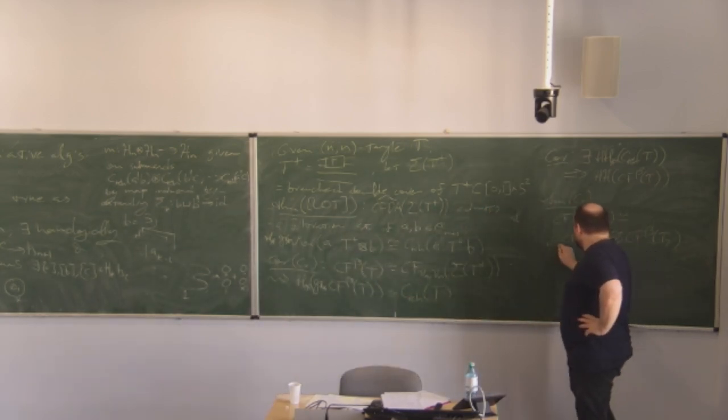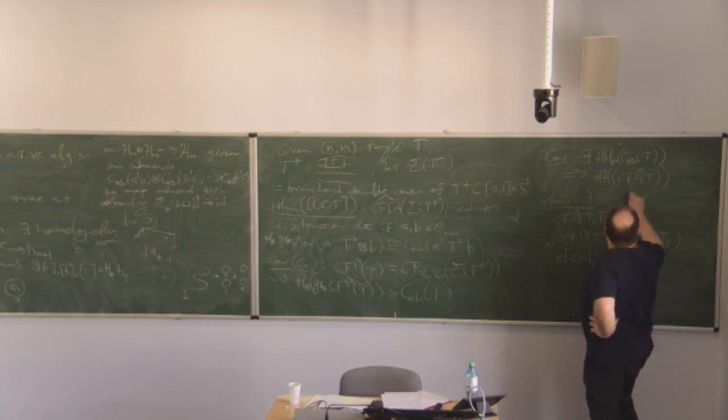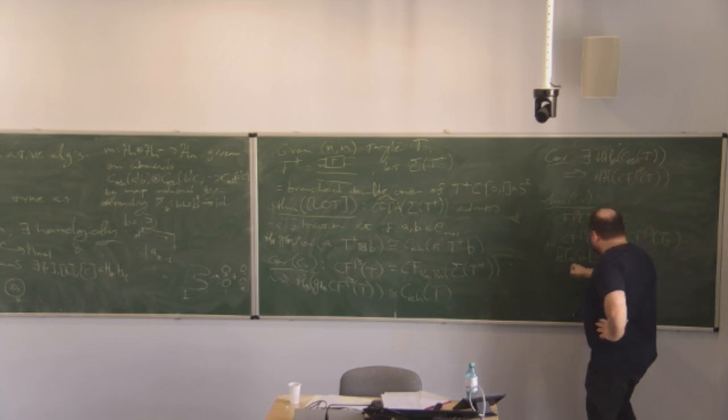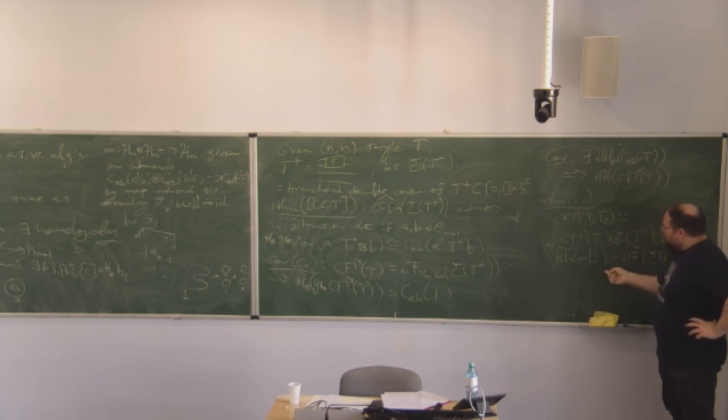So in the original Ozsváth and Szabó paper, what's proven is that there's a spectral sequence from the reduced Khovanov homology of the mirror of a link to HF hat of the branch double cover of L. And there's a bit of a mismatch here.